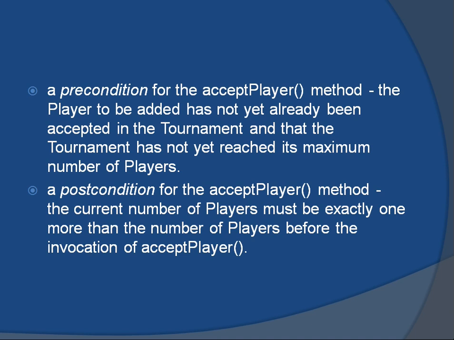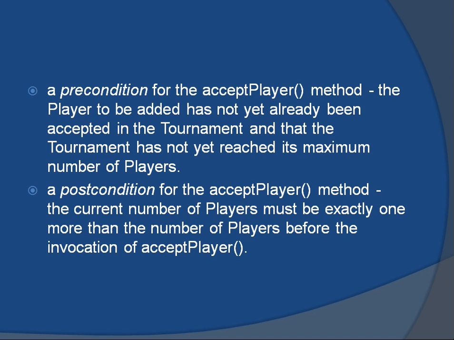So the preconditions that we are placing over the accept player method are that the player we are adding has not already been added in some other tournament, and also that the maximum number of players value has not been reached. If it has been reached, then we cannot add more players to it. So these are the preconditions.